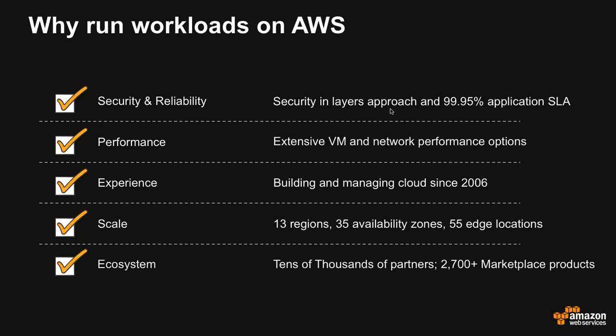So I've spoken a little bit about why we run workloads on AWS, and I've mentioned some terms like regions and availability zones. I'll take a moment just to drill into this and talk on reliability of our solutions and services as quickly as possible.